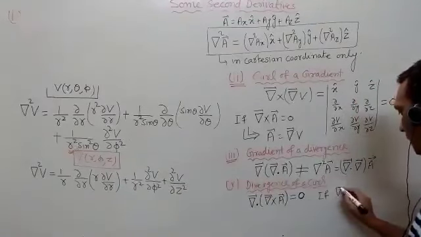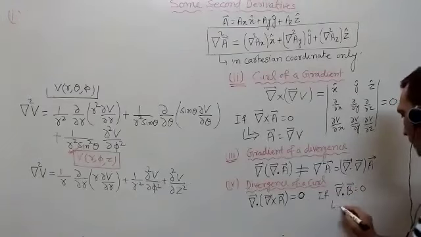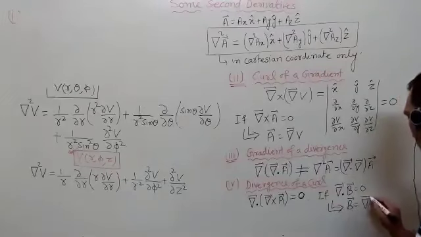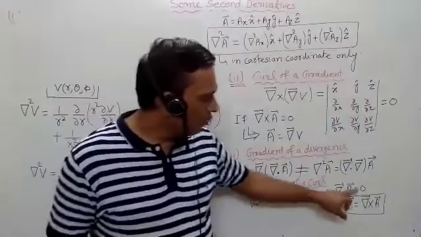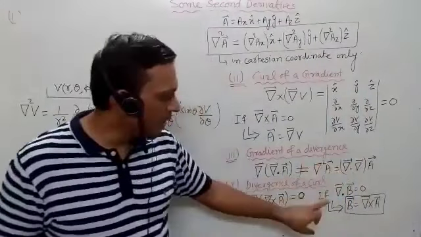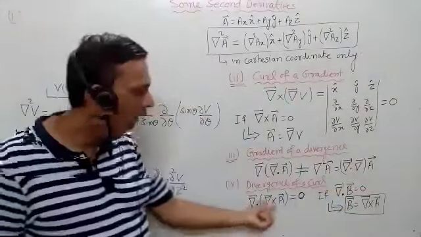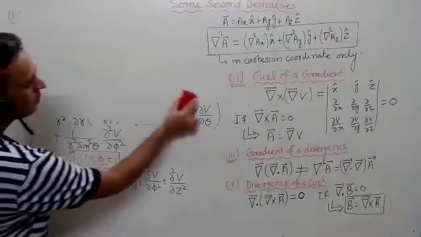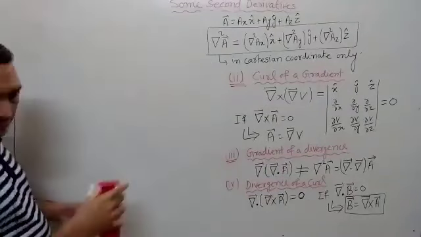It means if the divergence of some vector B is 0, we can express B as the curl of some other vector, because the divergence of a curl is always 0. ठीक है?